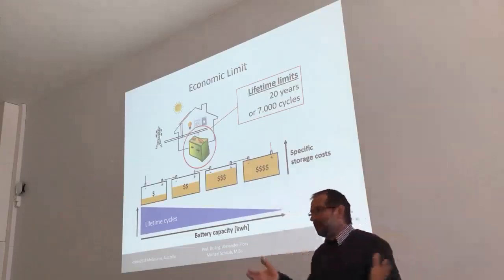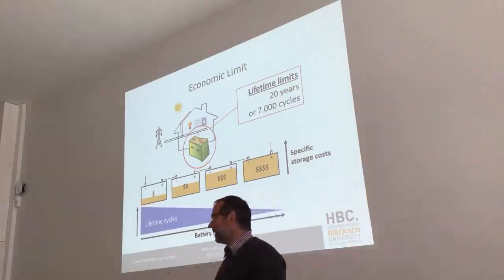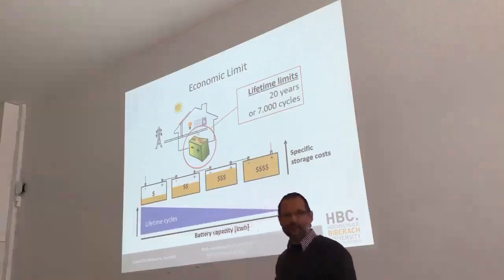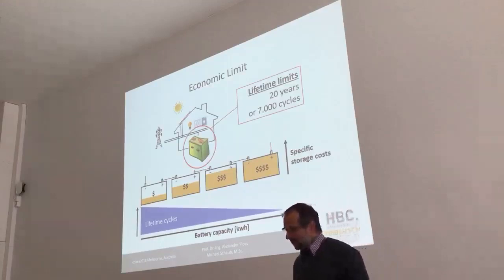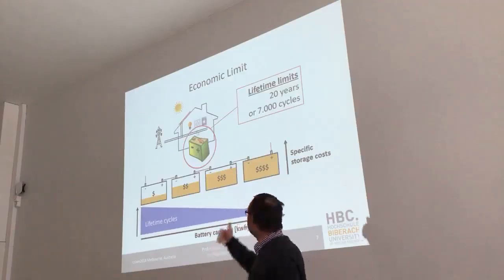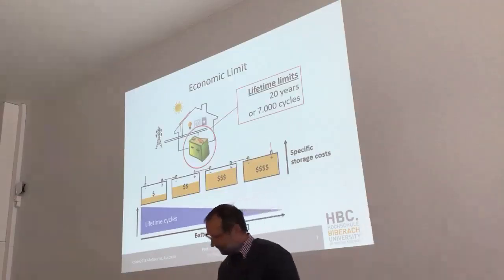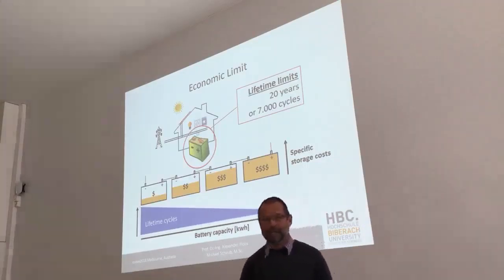Maybe it can be 25 years, so we can change the numbers a little bit, but to get an understanding, we will just fix it to 20 years now. Second, it is limited by a maximum number of full charging cycles, for example, 7,000 here. Whichever is achieved first is responsible for the death of the battery.